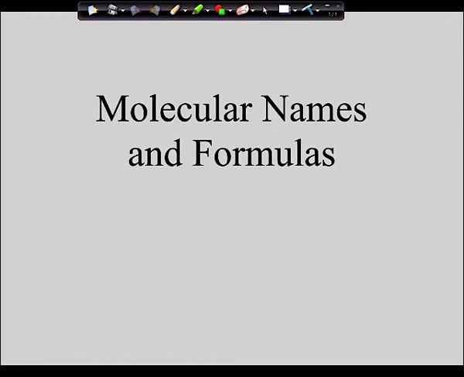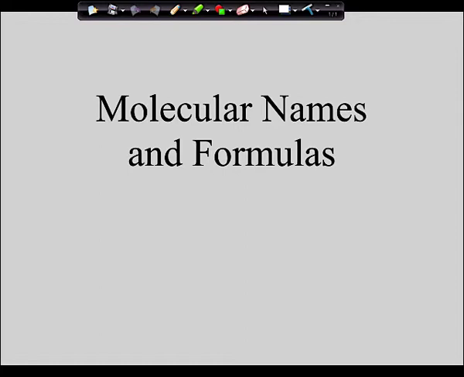So if salts contain ionic bonds, what do molecules contain? Covalent bonds. Remind yourselves, in order for an ionic bond to form, there has to be stealing. That is either a metal with a nonmetal or a metal with a polyatomic ion. That's what creates ionic bonds.